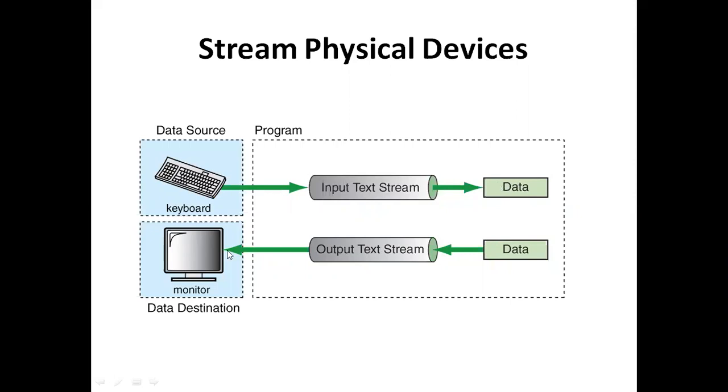And to receive the output from the system, by default most of the time we use the monitor. By using the monitor we receive the output. These are the general diagrams we need to remember for the input stream and output stream.